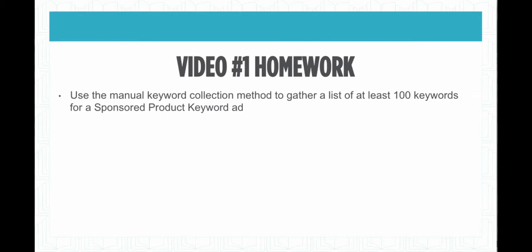I would look at a book that is similar to yours and look through that book's also boughts. So for my superhero book, I gathered it from that other superhero book. Gather at least 100 keywords to use for a sponsored product keyword ad.